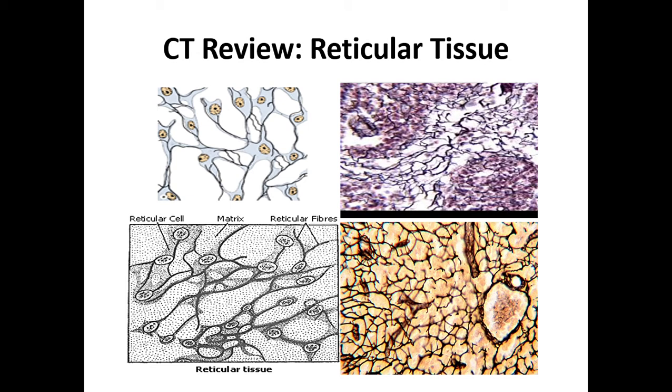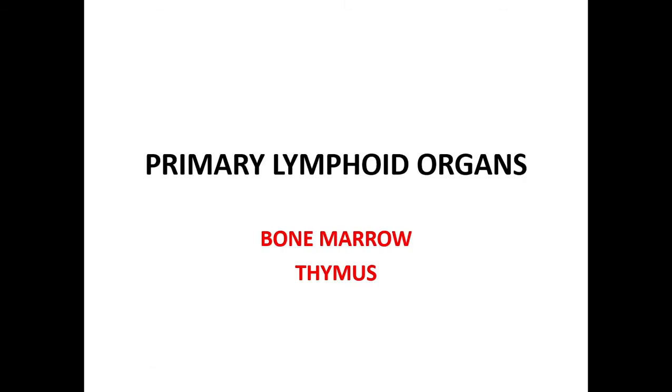These reticular fibers, they have affinity for silver. That's why they are referred to as argyrophile fibers. And they will appear under the microscope as just an outline of fibers. So together with the reticular cells, they will form a network appearance under the microscope.